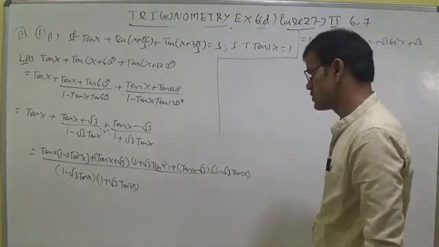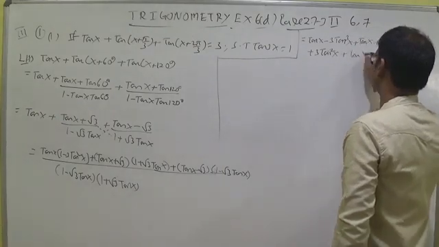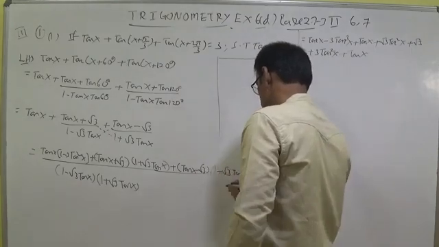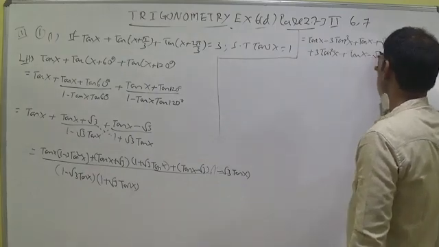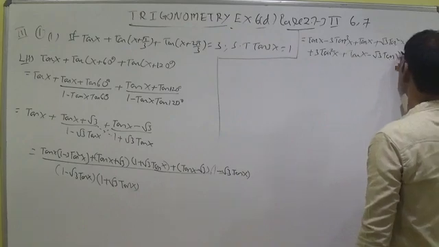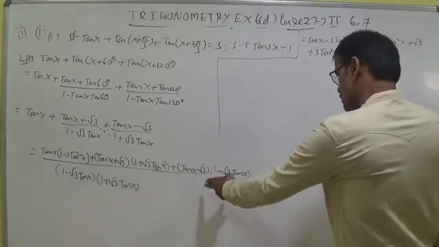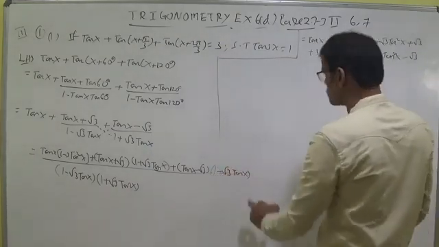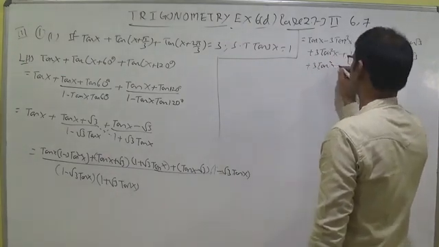Now this term tan x into 1 is simply tan x. Tan x into minus root 3 tan x becomes minus root 3 tan square x. Minus root 3, next minus into minus plus, it is 3 tan square x.